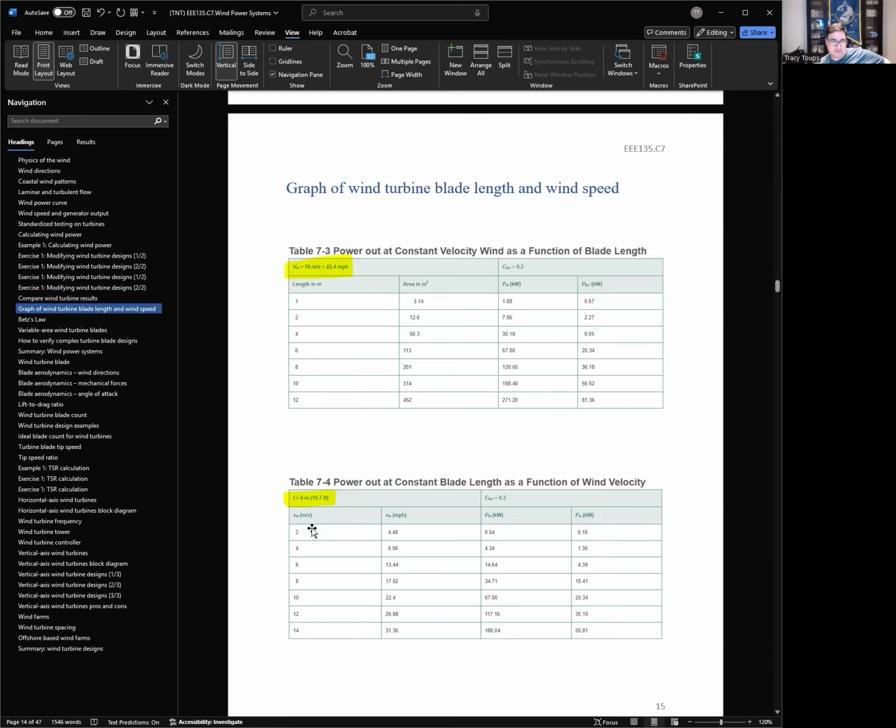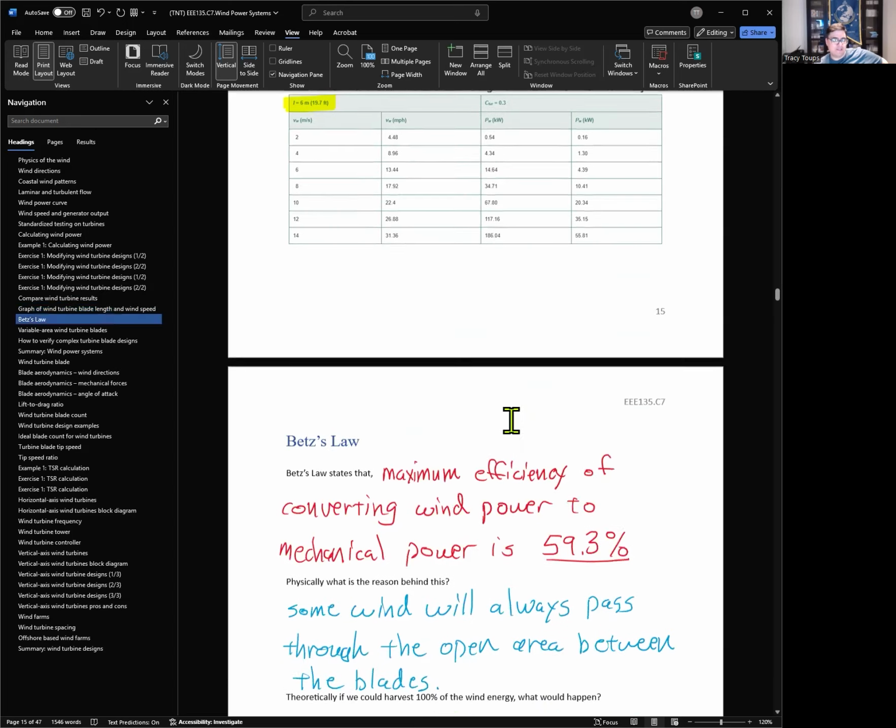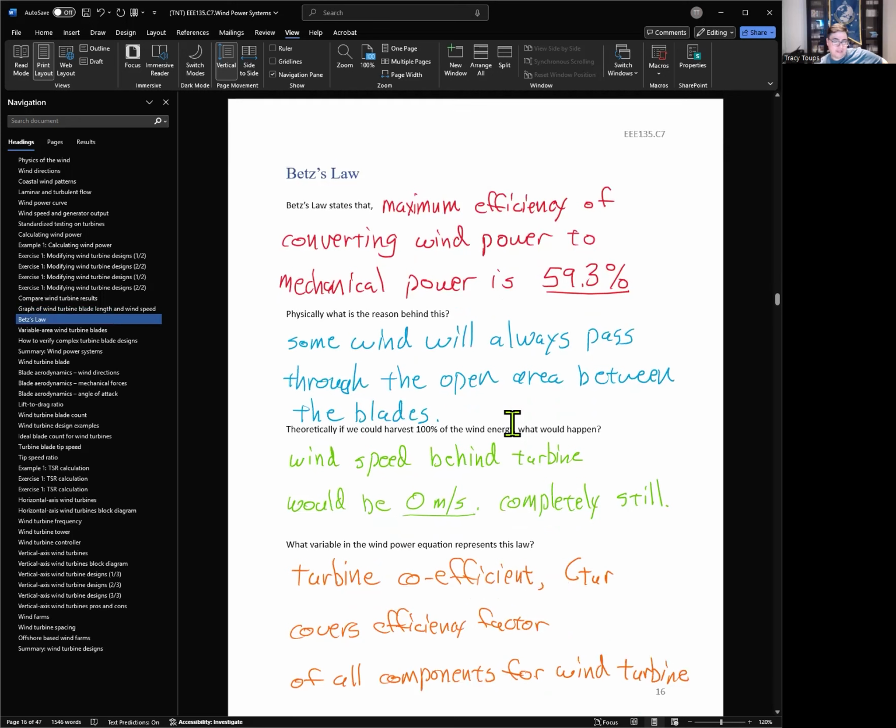This table right here shows that if we have a constant blade length but the speed of wind increases, that also has an increased factor, and the wind speed is going to have a bigger increase because it's cubic, over the previous one being a square function. Okay. So it's just reinforcing the idea that wind speed is more important than any other part of your design.